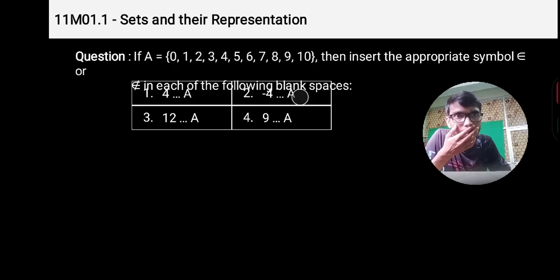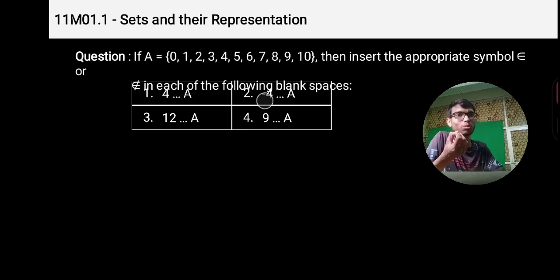Second we have -4. Where is -4 in this? It is not here, so it does not belong to A. Next, 12 is also not in this set, so 12 does not belong to A.